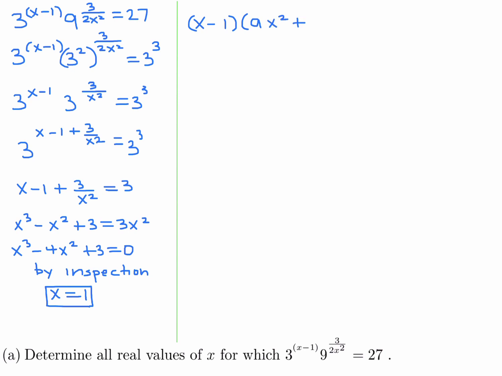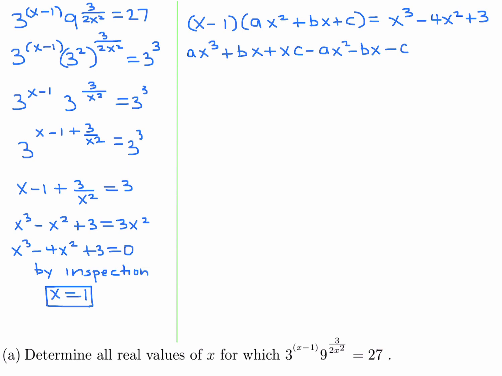But the other polynomial, or quadratic, is going to be ax squared plus bx plus c. And when you multiply it out, the total product will be x to the power 3 minus 4x squared plus 3. So when you expand this out, you get ax to the power 3 plus bx squared plus cx minus ax squared minus bx minus c. And that is equal to, of course, x to the power 3 minus 4x squared plus 3.